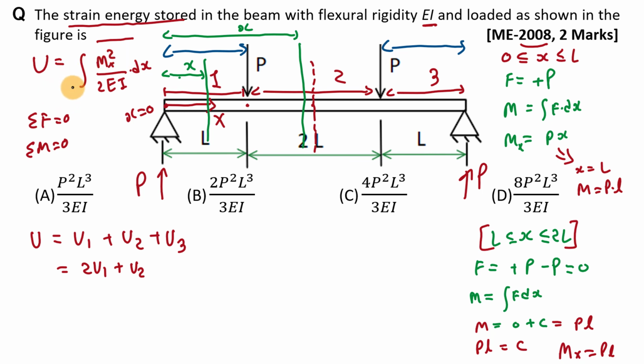So we can find out value of total U by finding out U1 and U2, right?